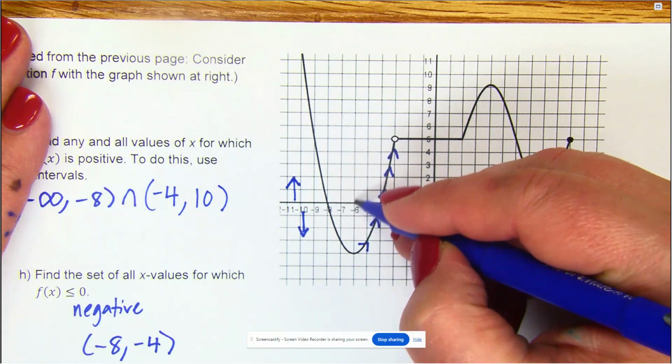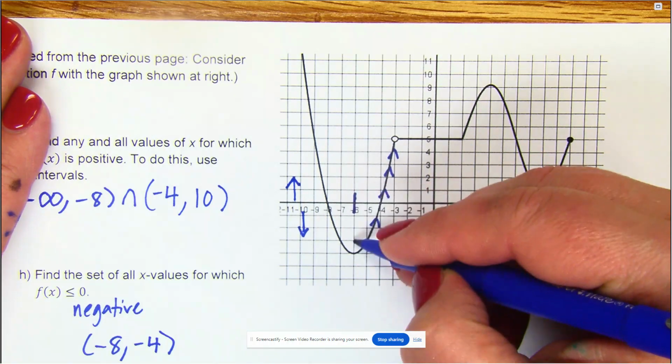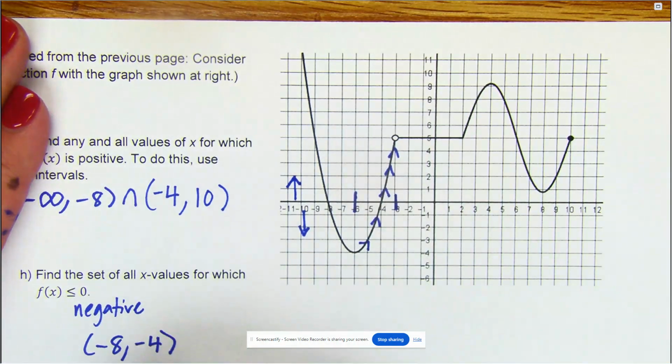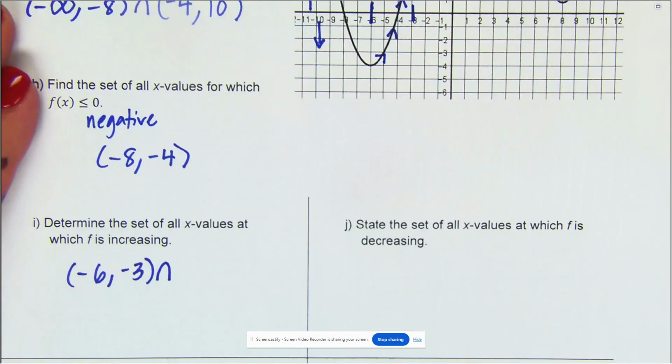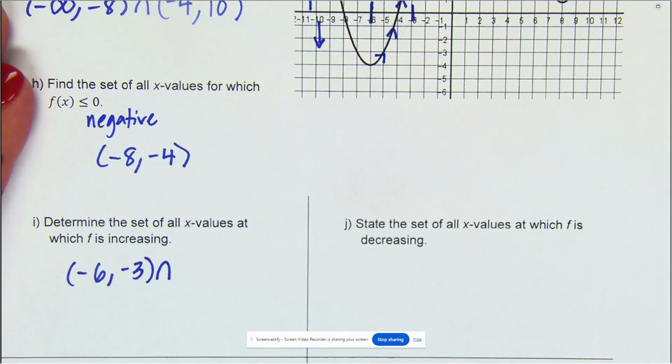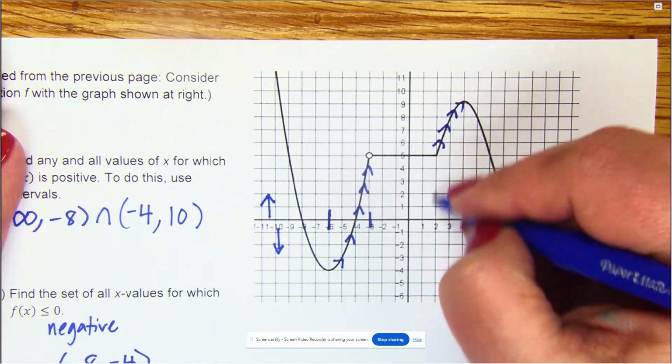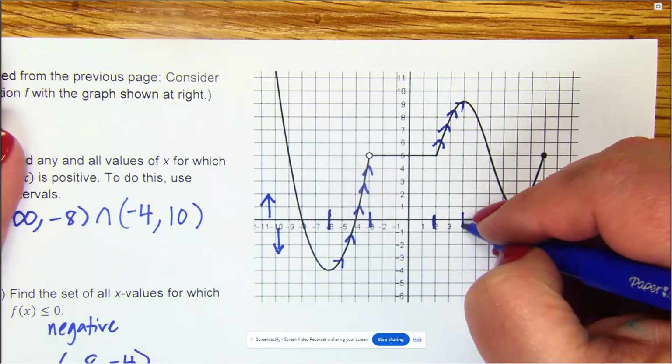So this is on the x-axis, from here, -6 to here, -3. So from -6 to -3, and it's also increasing right here, which is from 2 to 4.